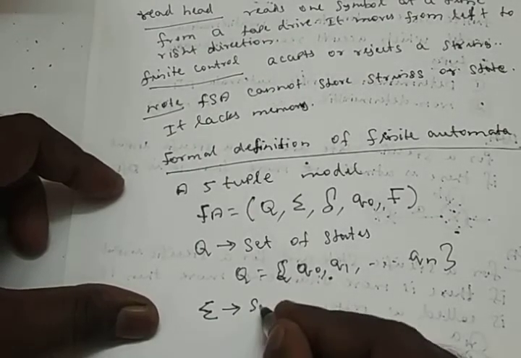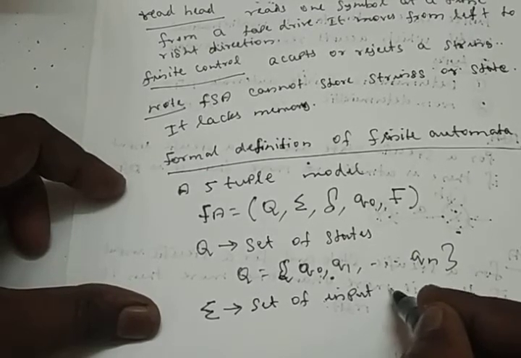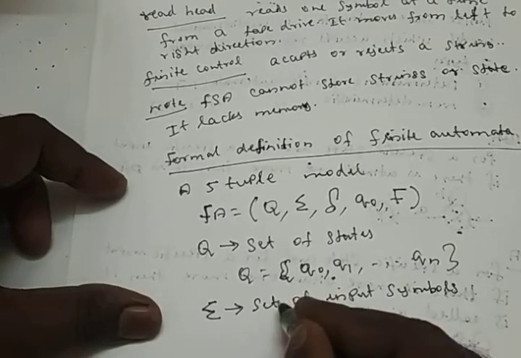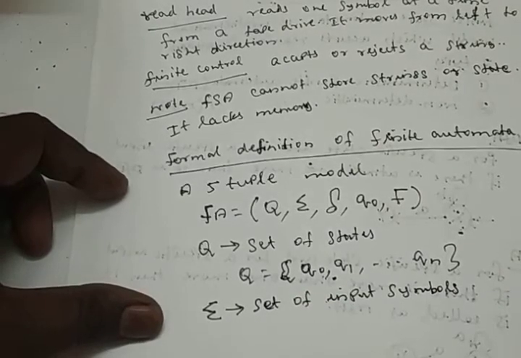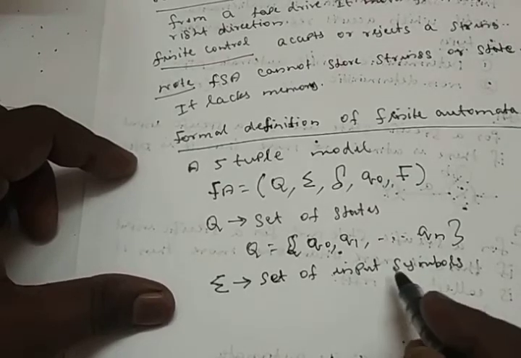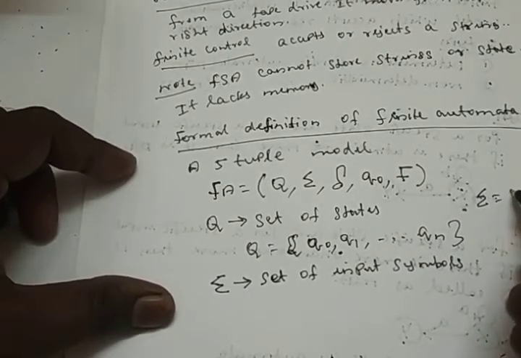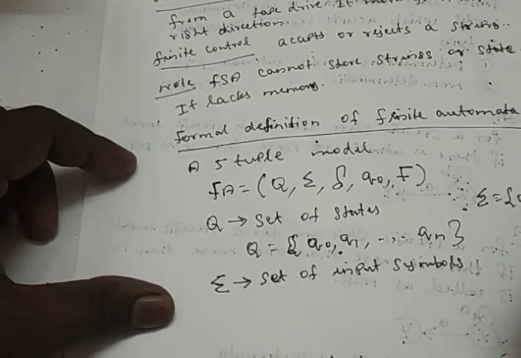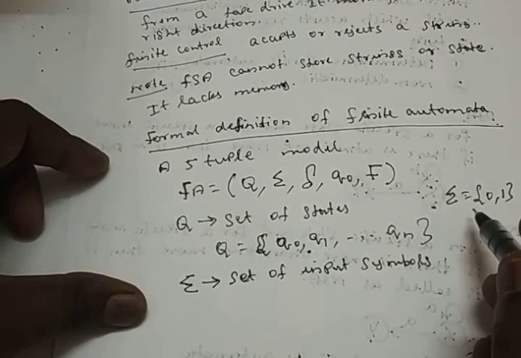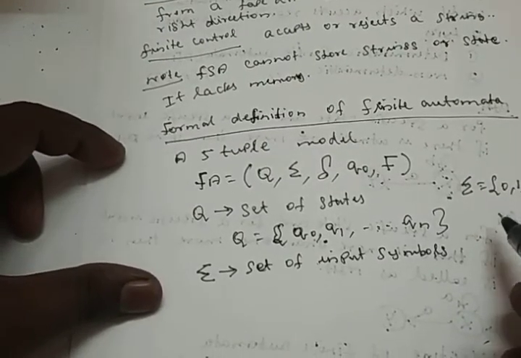Sigma is called the set of input symbols. For example, if I want to have two inputs, 0 and 1, I can write sigma equal to 0, 1. Similarly, if I have inputs A and B, I can write sigma equal to A and B.